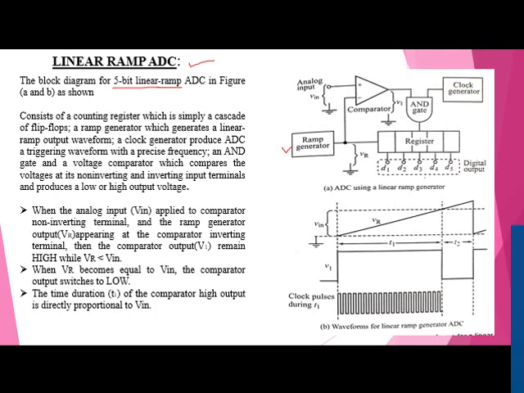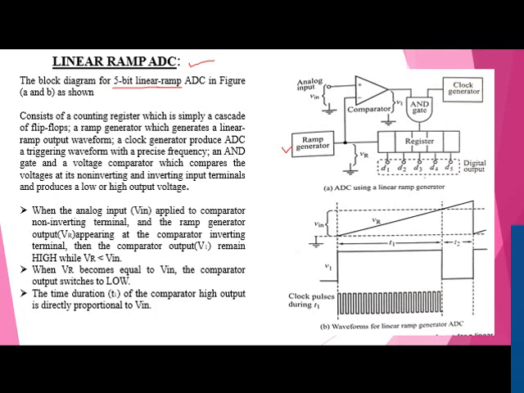The clock generator produces the analog to digital converter triggering waveform with a given frequency, and a gate is also connected. Another is the voltage comparator, which compares the voltage at the non-inverting and inverting terminals of the op-amp and produces a low or high output.